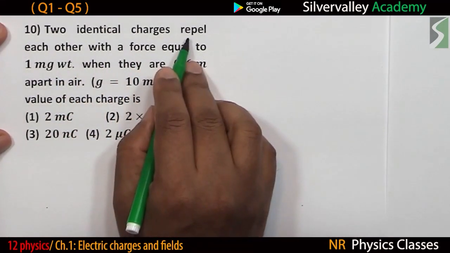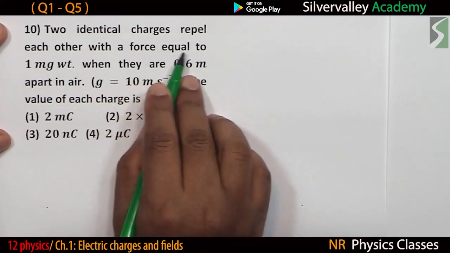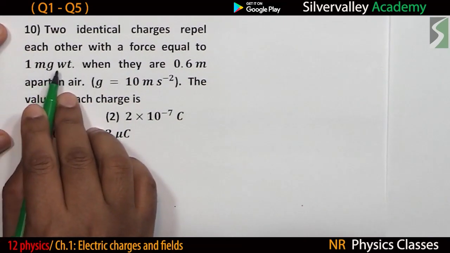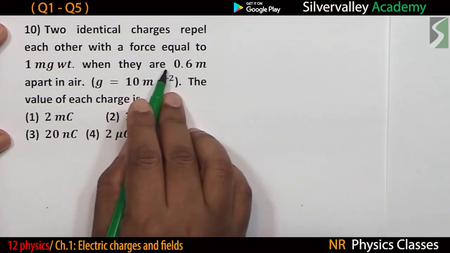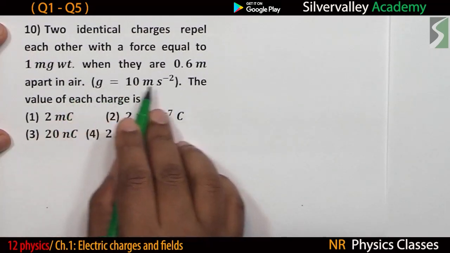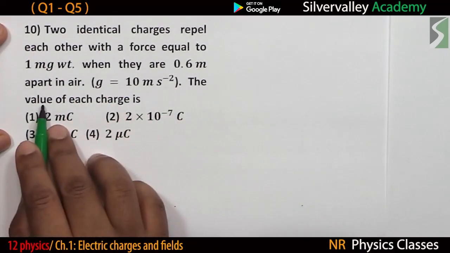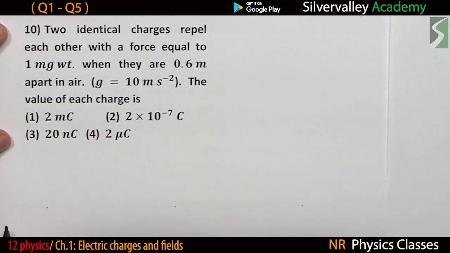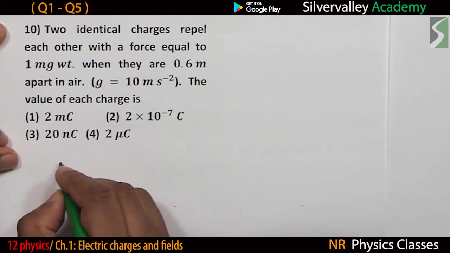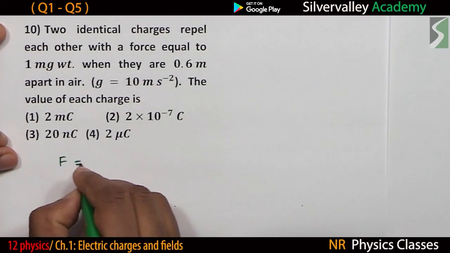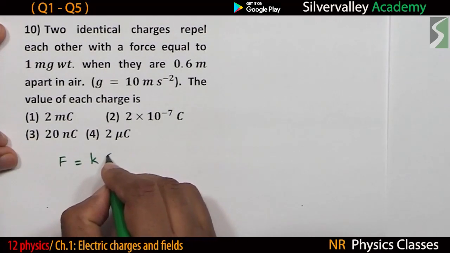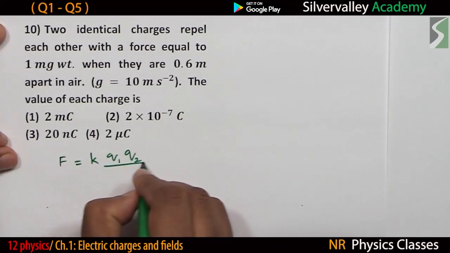Two identical charges repel each other with a force equal to 1 milligram weight when they are 0.6 meter apart in air. g is given. The value of each charge is? Fine. So force equals constant Q1 Q2 by R square.